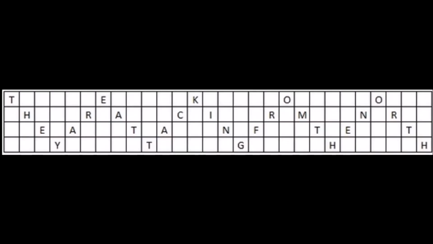If we didn't know that the cipher has a key size of 4, it would be a little bit harder to decrypt this message. And since we know that when we encrypt using the rail fence cipher we write diagonally, we can read the message: they are attacking from the north.